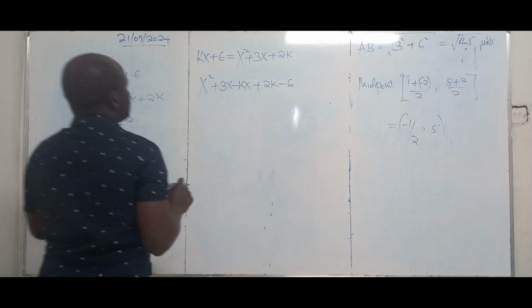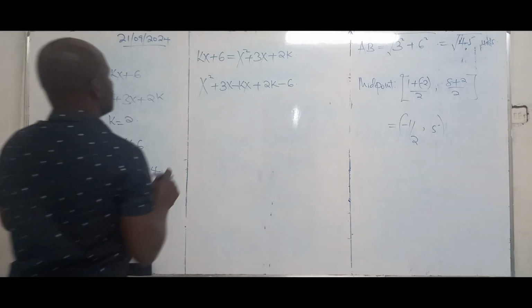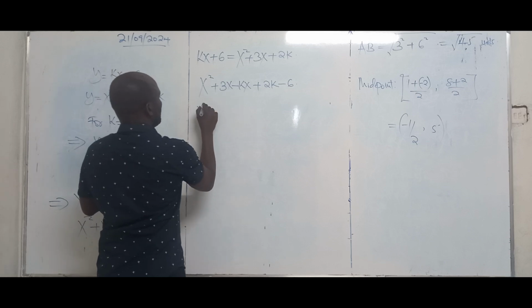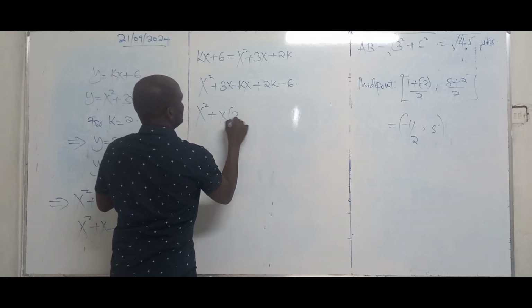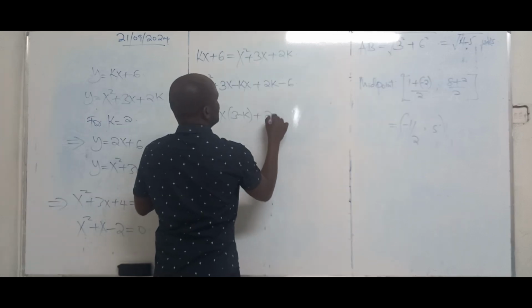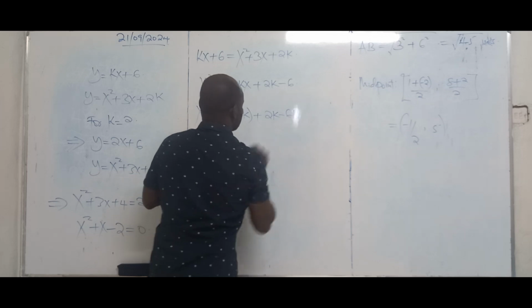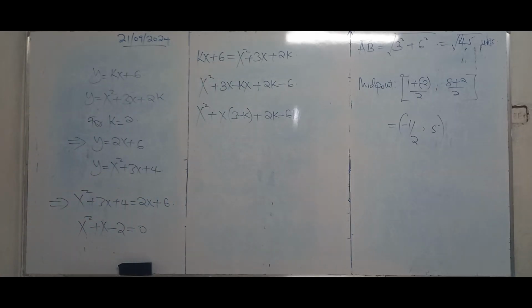I see here that I have x squared plus x into 3 minus k plus 2k minus 6. That's the nature of my quadratic.